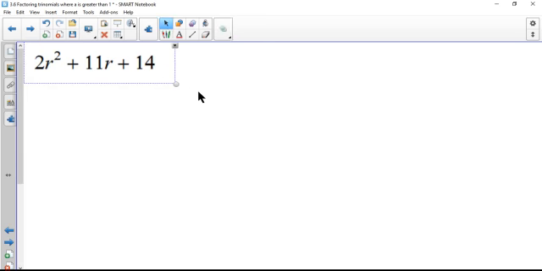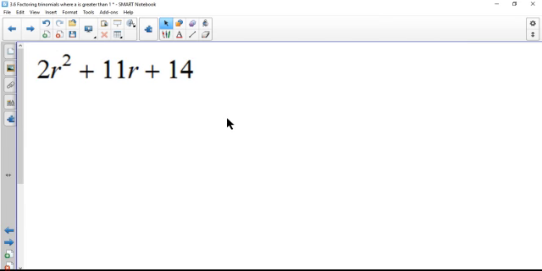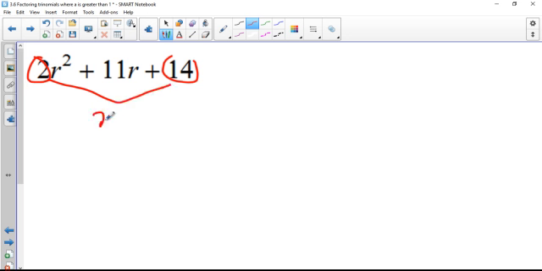Okay, so I want you to give it a try on this question. Again, pause the video, do the question, come back, and look at the answer. So going forward with this, I have to multiply my 2 and my 14, so that gives me 28. So this is the number I need to multiply by, and I need to be able to add to 11.